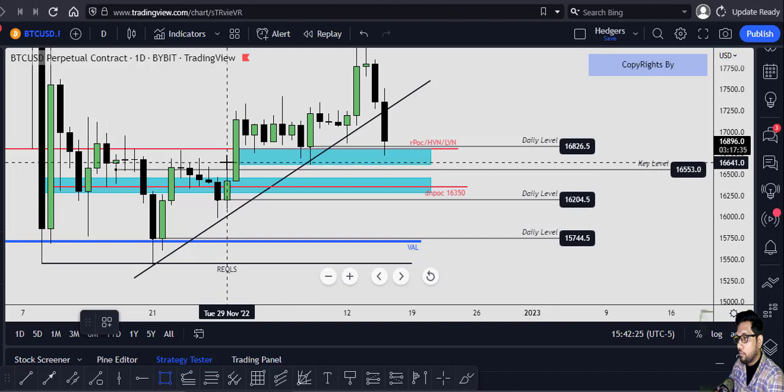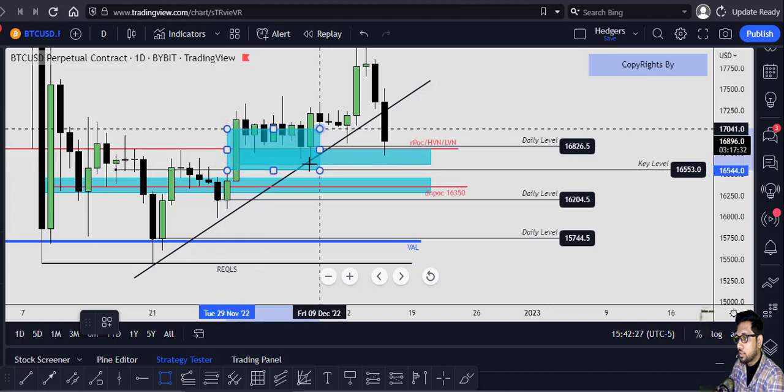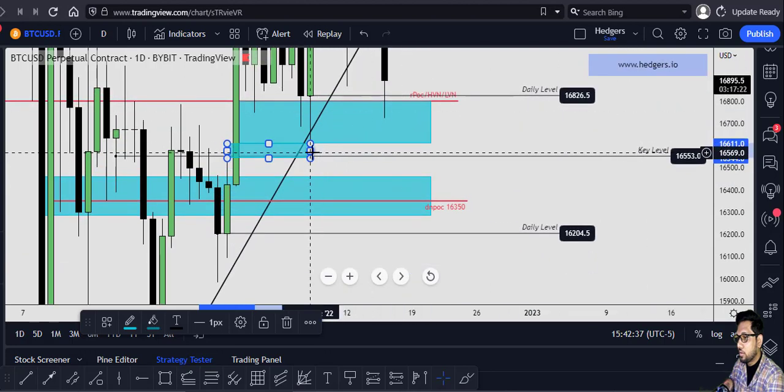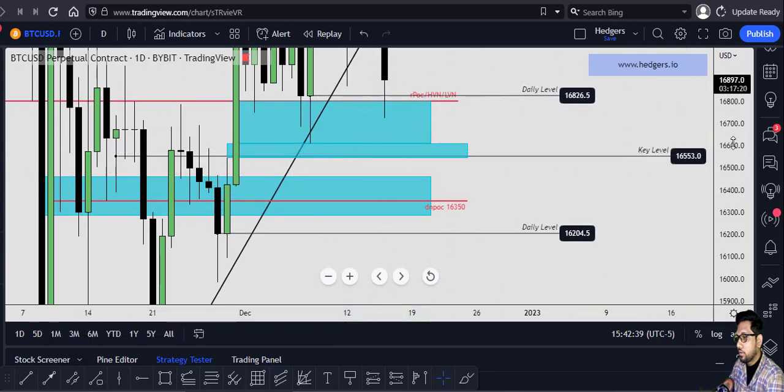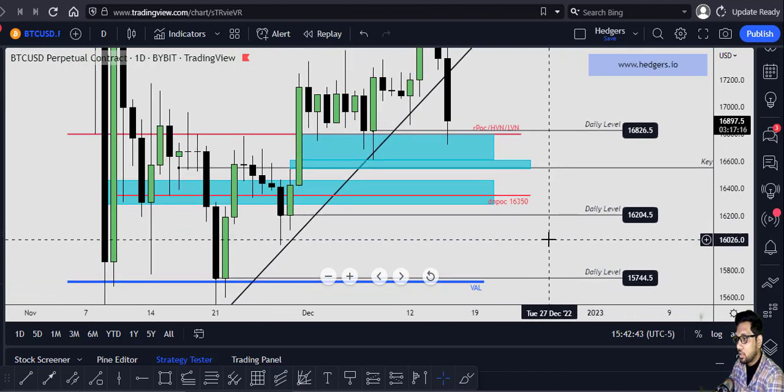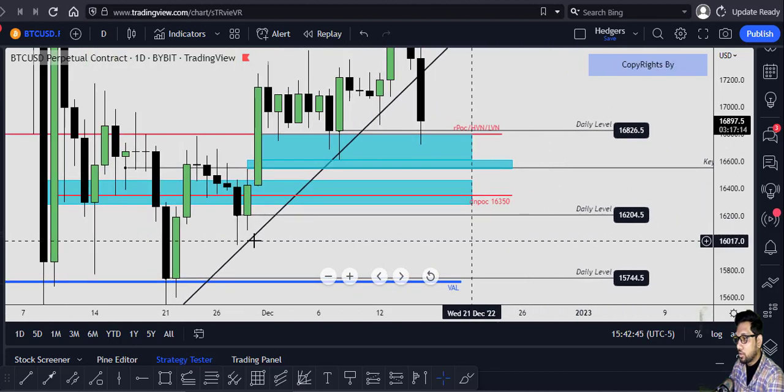We don't have much imbalance here in the BTC USD chart on Bybit perpetual, because it's a very tiny imbalance here on the daily time frame.